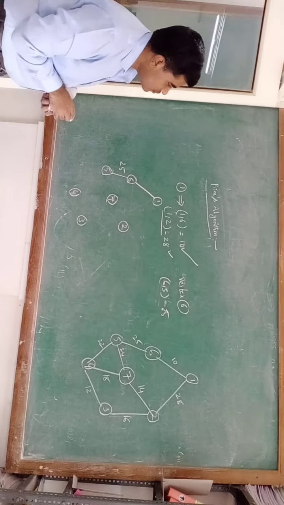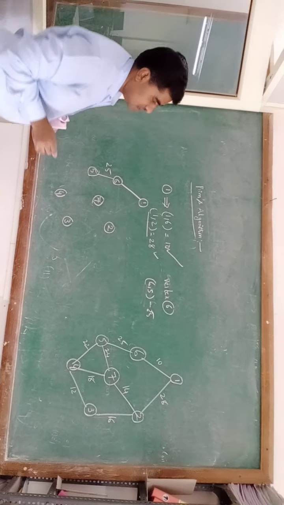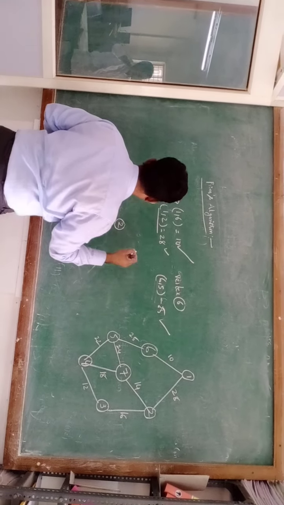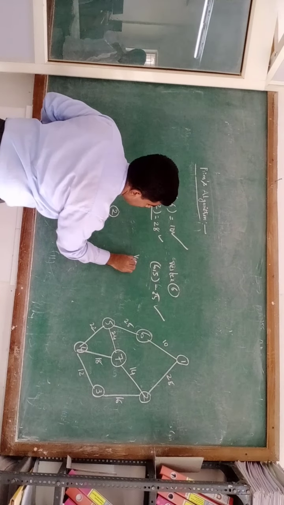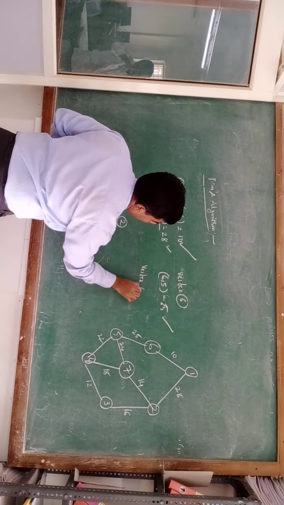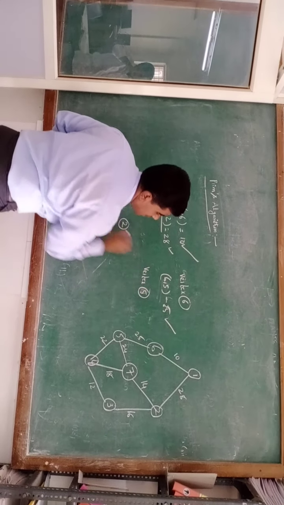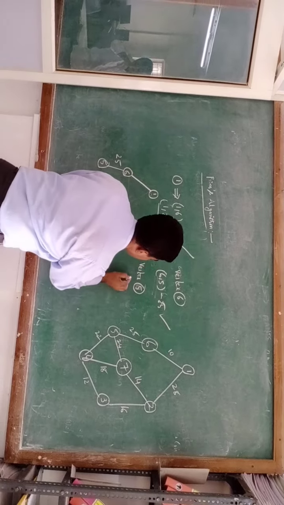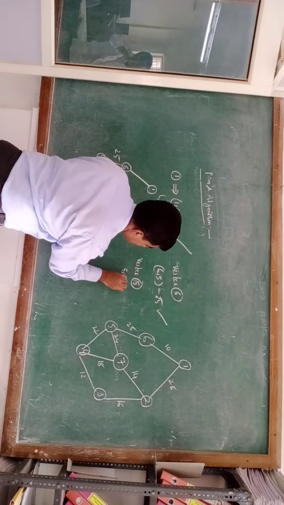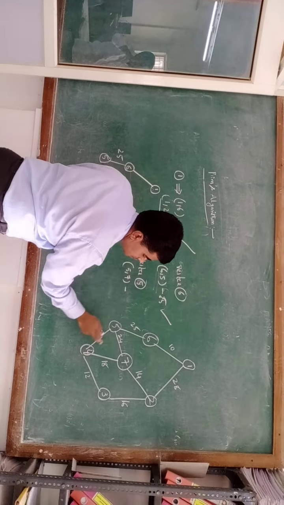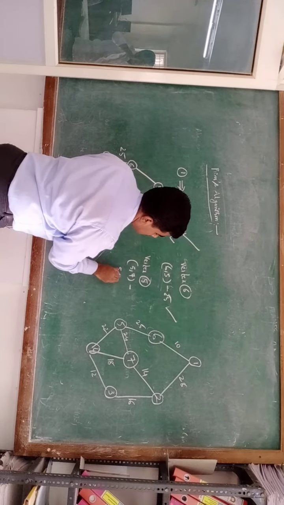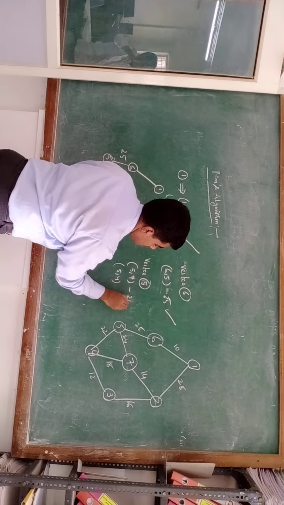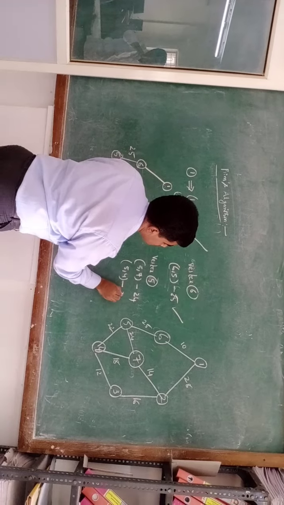Now the 5th vertex is also included in the spanning tree. For vertex 6 and vertex 5, what are the corresponding edges? 6 to 5 is already completed. 5 to 7 and 5 to 4: 5 to 7 value is 24 and 5 to 4 is 22.